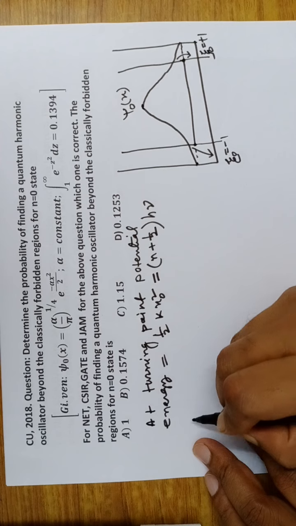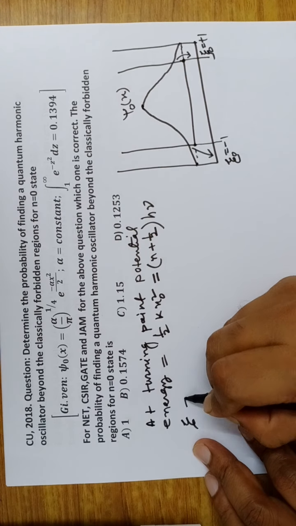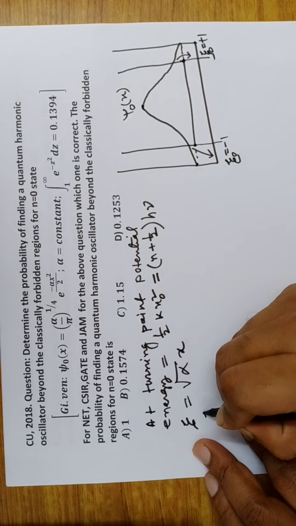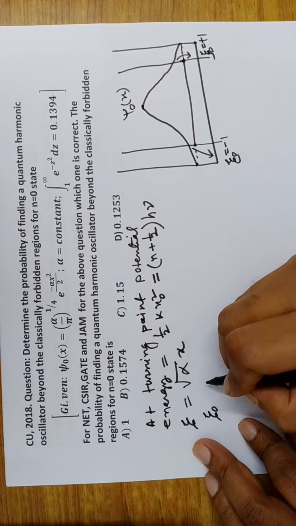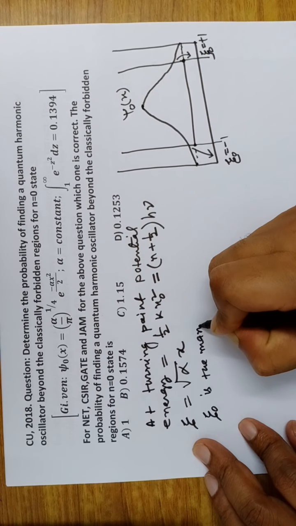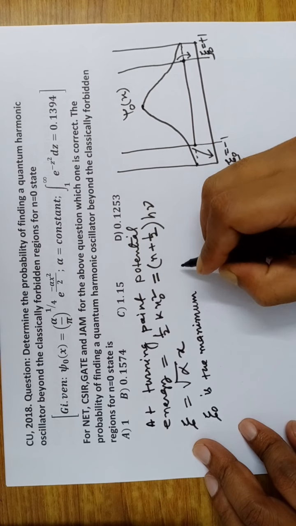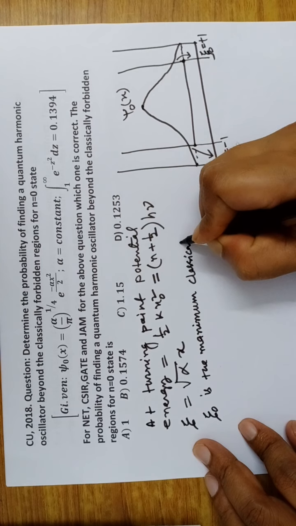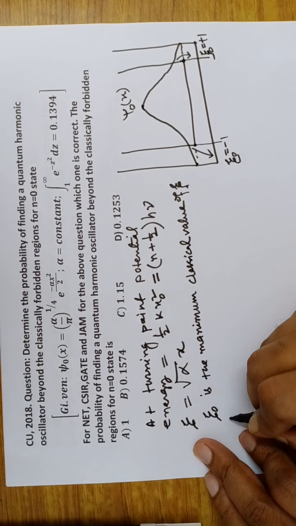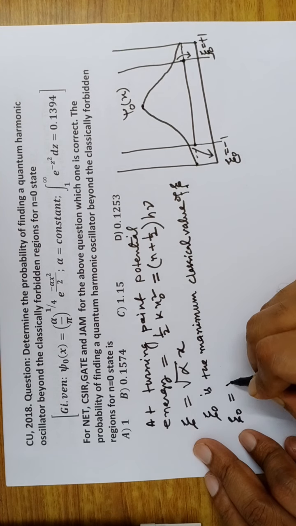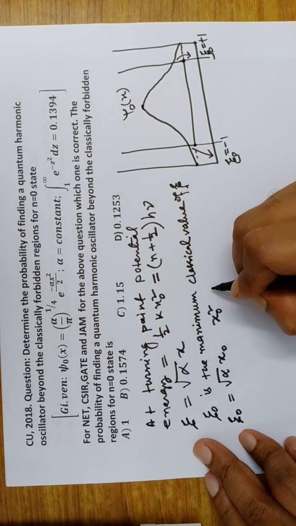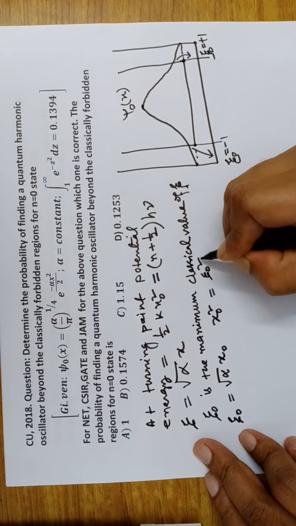Now zeta is equal to root over alpha x, and if zeta 0 is the maximum classical value of xi, or zeta, then xi 0 equal to root over alpha x0, then x0 square equal to zeta 0 square by alpha.